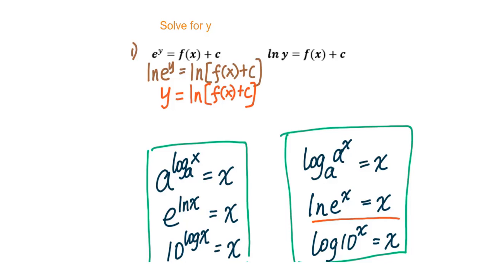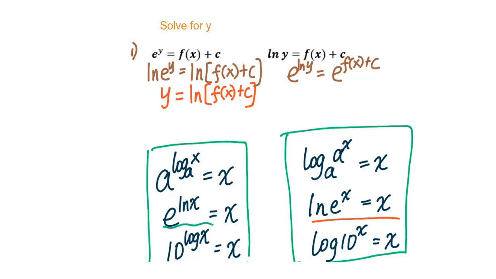Second question. Natural log y equals f of x plus c. You will take a power of both sides, make e the base, so you get e to the natural log of y equals e to the f of x plus c.